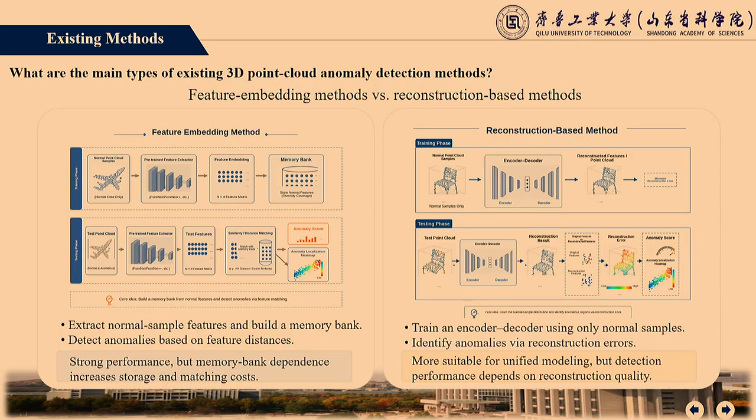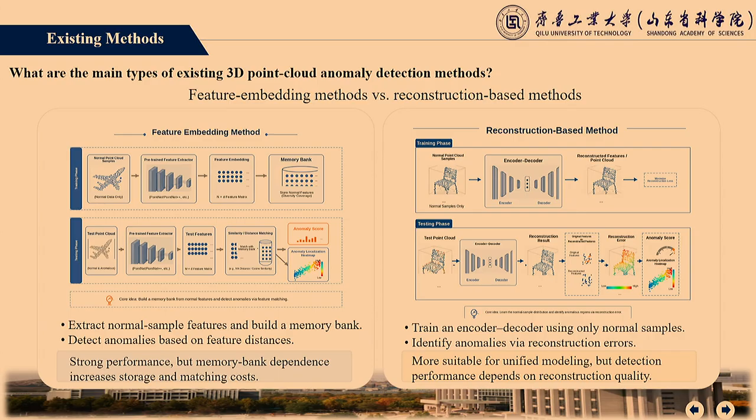Next, I will briefly introduce existing methods. Current 3D point cloud anomaly detection methods can generally be divided into two categories. The first category is feature embedding methods, and the second category is reconstruction-based methods. Feature embedding methods usually extract features from normal samples and build a feature memory bank.